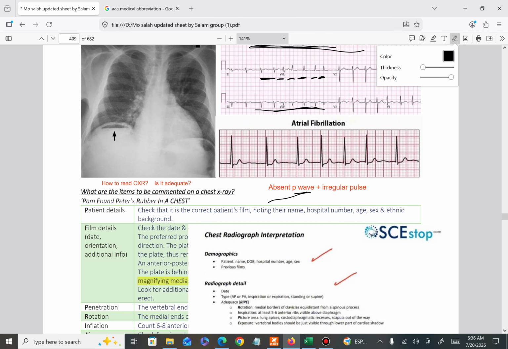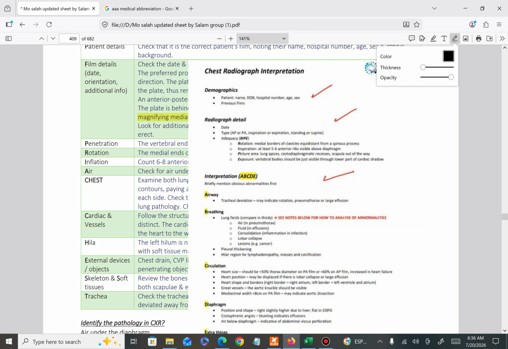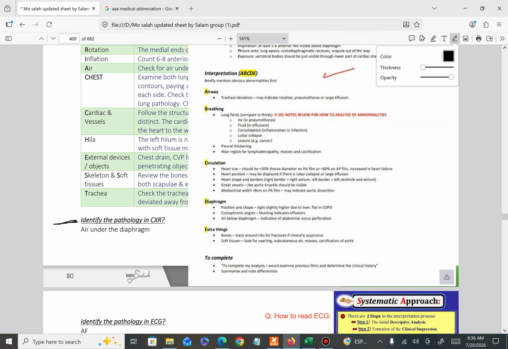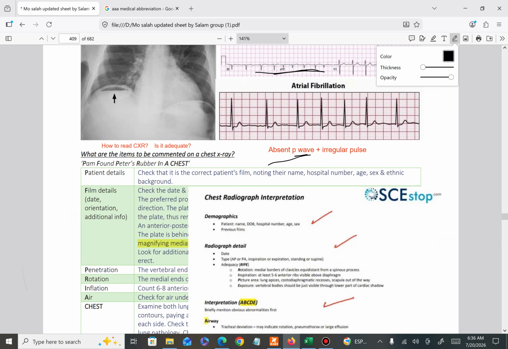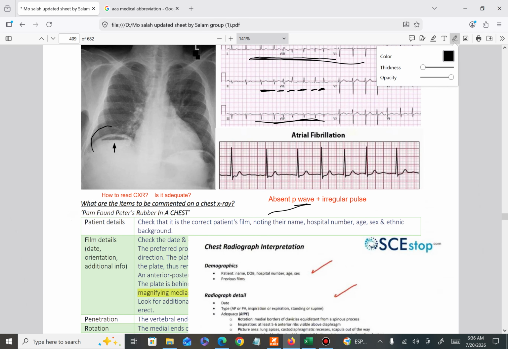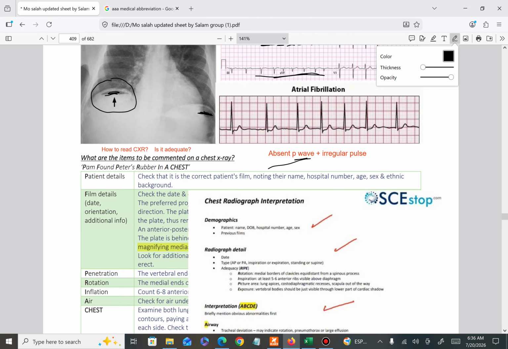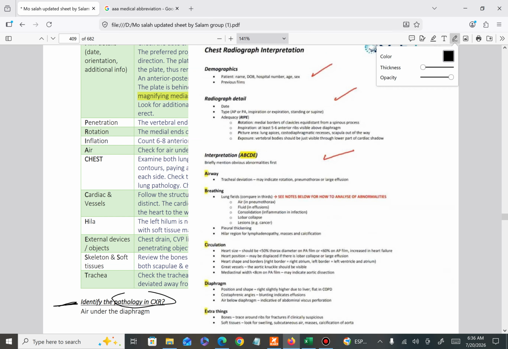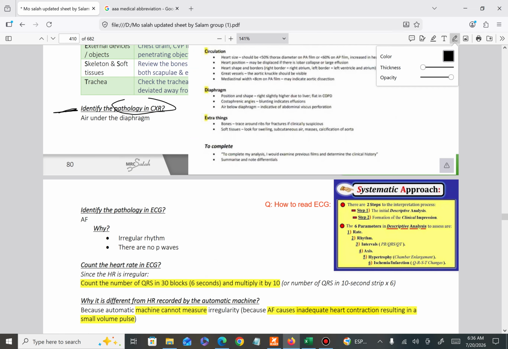If we look at the X-ray, the pathology is that there is air below the right diaphragm, air under the diaphragm. The air below the left diaphragm is the stomach shadow, but the air below the right diaphragm is due to perforated bowel.